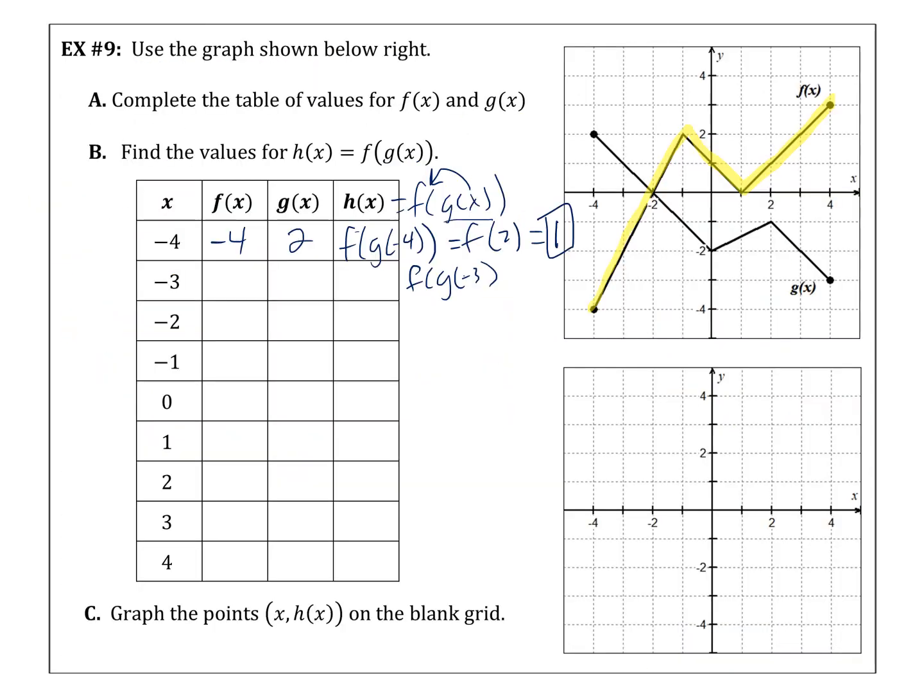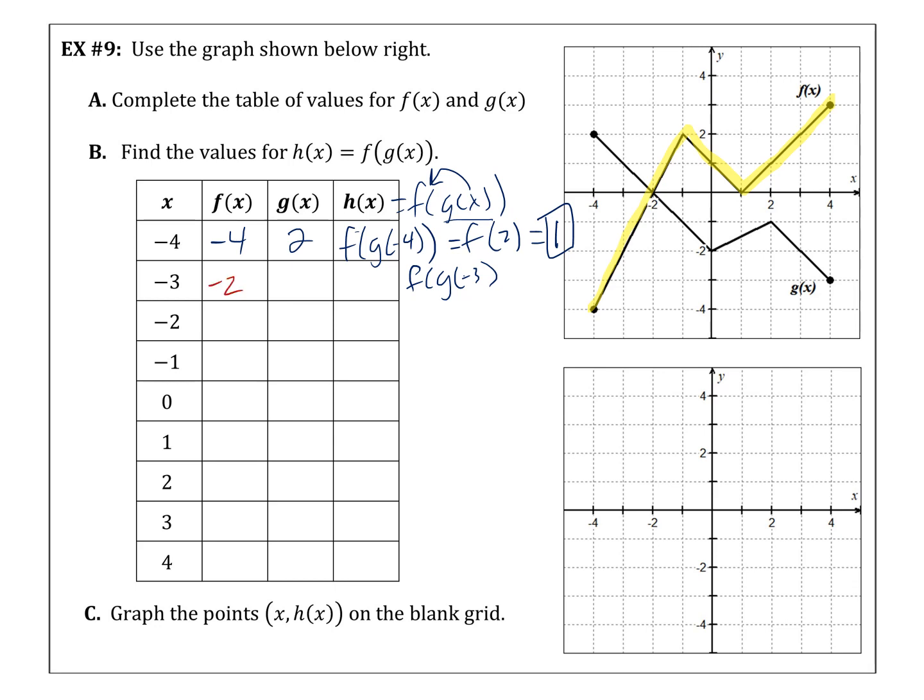Okay, so I think we left off talking about how it's best to put in your values for f of x and g of x before you compose f composed of g of x. So you should put in all of your f of x values. At -3 on f of x, we get -2.